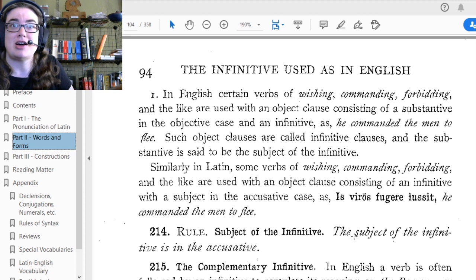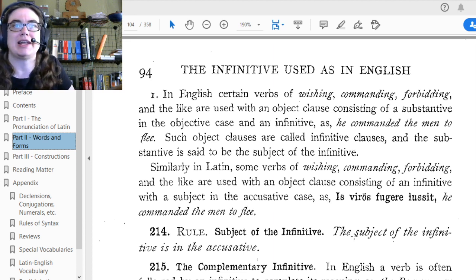That's what's going to be called an indirect command because you're commanding someone, but it's not a direct command. It's not flee. It's talking about someone commanding someone to flee. Indirect command. So it's not quite the same in Latin as in English.